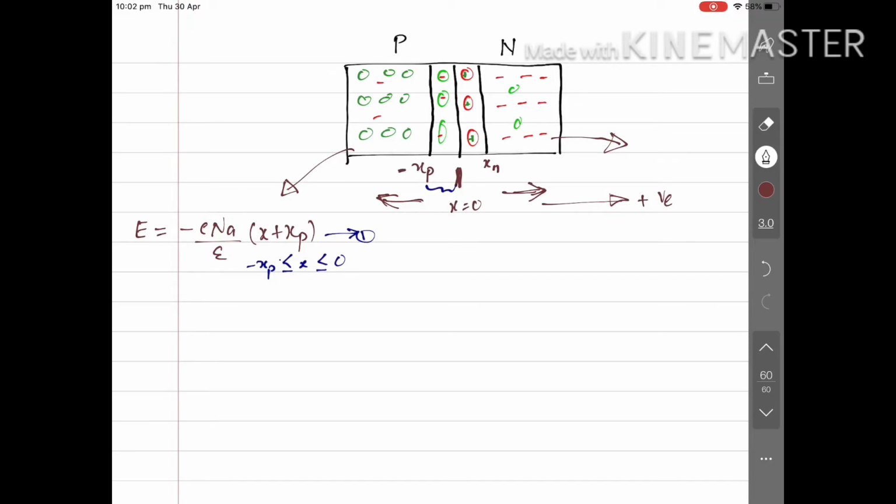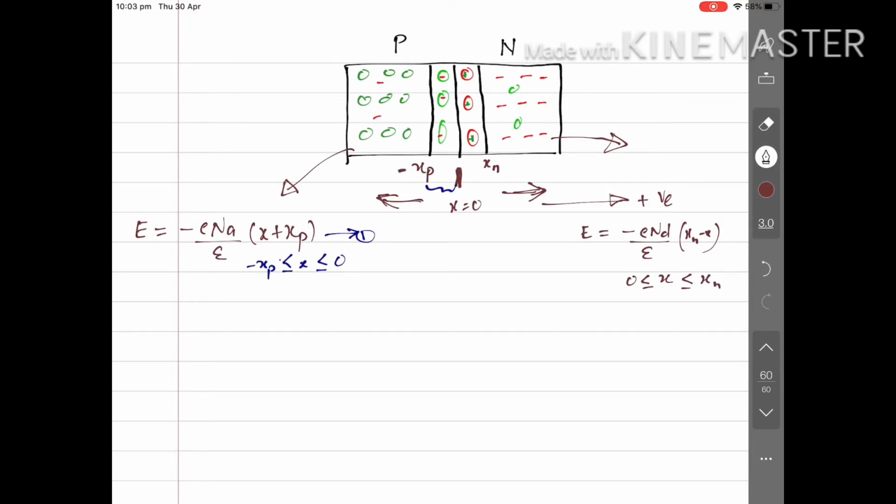The equation of the electric field would be E equal to minus q ND over epsilon times (xn minus x), and here the direction is from x equal to 0 to xn.